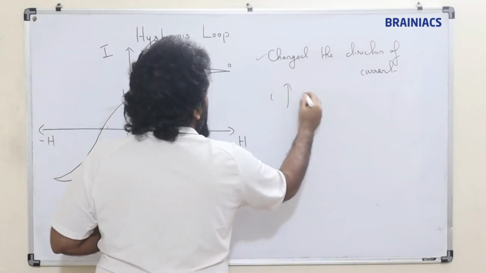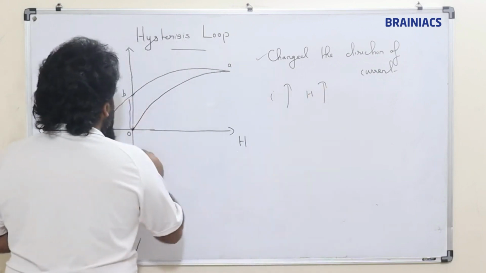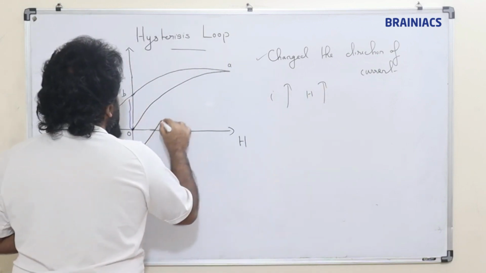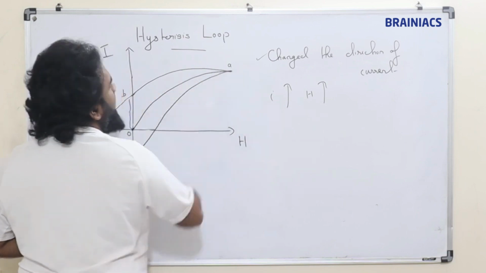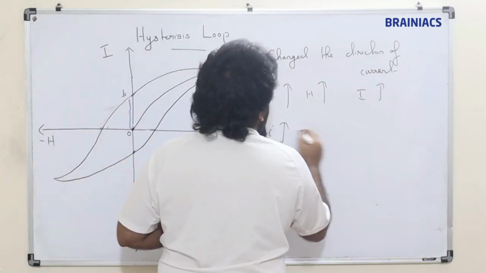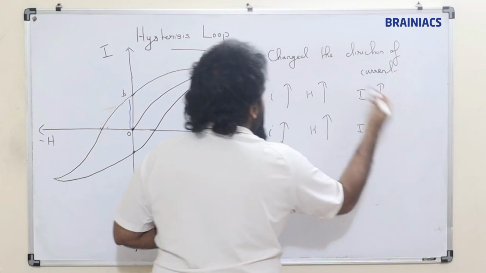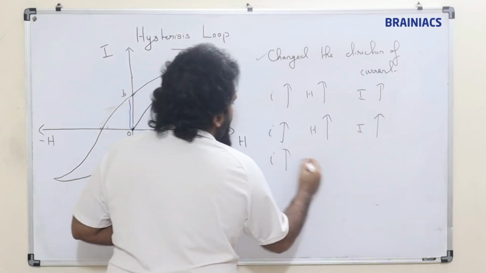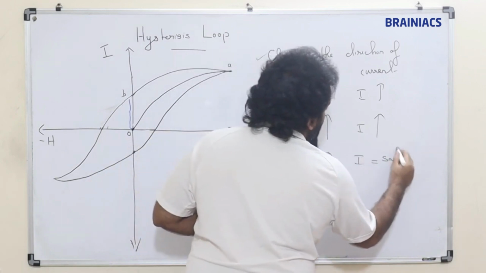We will increase I, we will increase H. So slowly this I will start increasing. Finally, just like the previous case, again current will be increased, magnetizing field will be increased, magnetization will be increased, I will become what? Saturation.